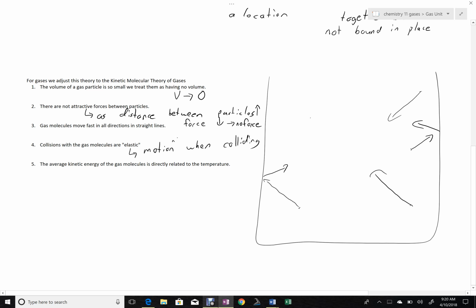So maybe they give their speed to another gas molecule, or they give their speed to the wall, but the overall amount of energy stored up as kinetic energy, or stored up in motion energy, stays constant during the collision. So what elastic really means is that kinetic energy is conserved.